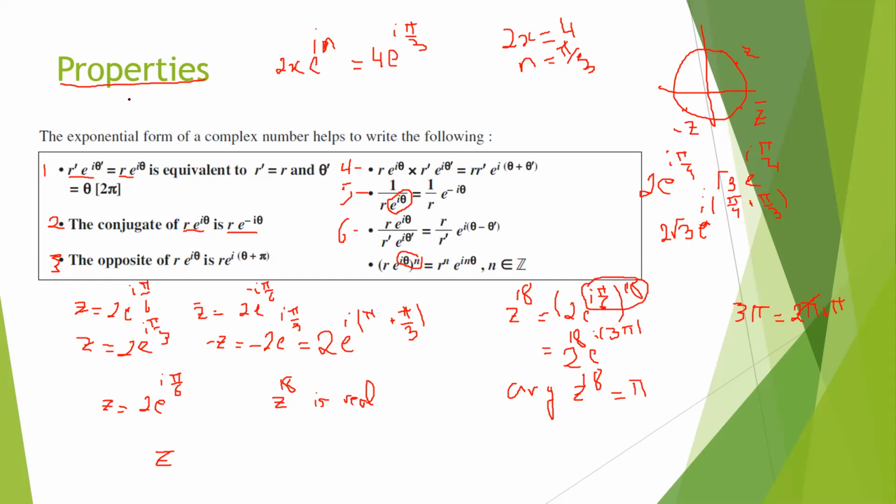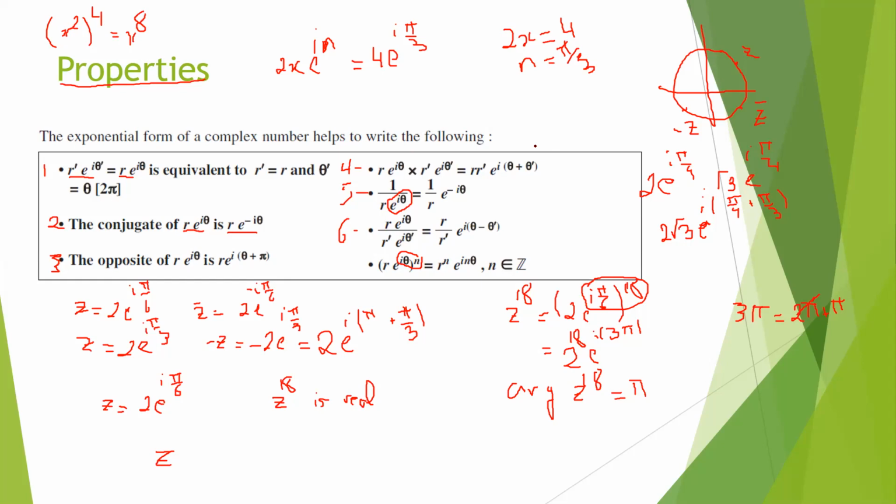So 18 over 6 gives us 3 pi. If you have x squared to the power 4, what is the answer? It gives x to the power 8, right? We multiply the powers.